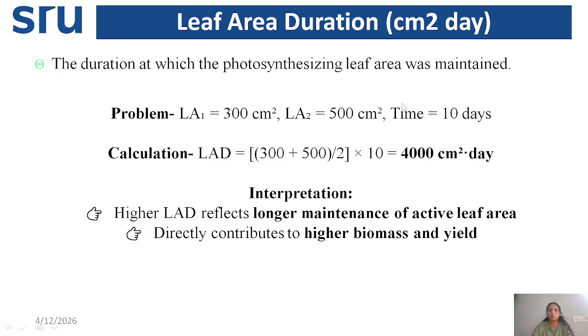If two varieties or two genotypes are there, you need to see the performance of both genotypes, which one is better, which one shows the higher value. We will interpret that variety or genotype as having higher biomass or yield, and the capacity to yield more.